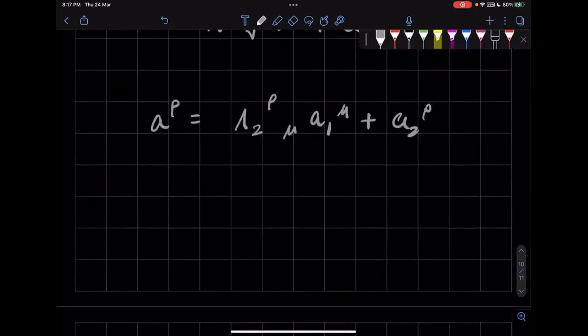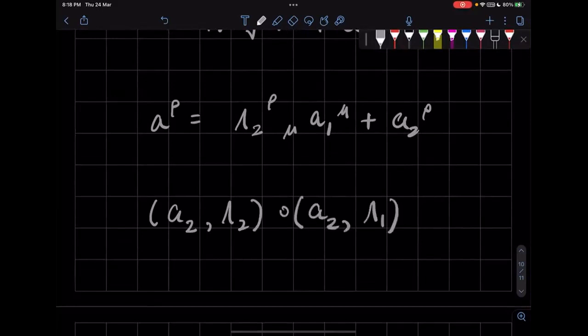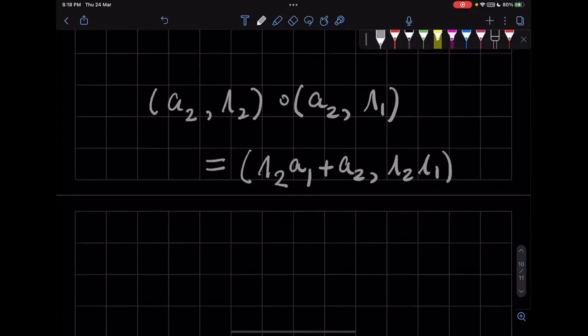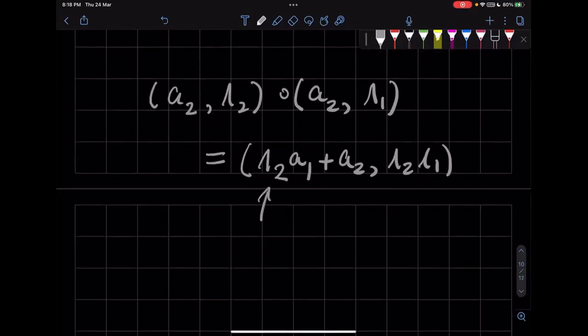So from this, we figure out that the multiplication rule for the Poincaré group is this. It is an almost direct product, but not quite. If this guy weren't there, then it would be a direct product, but it's not.